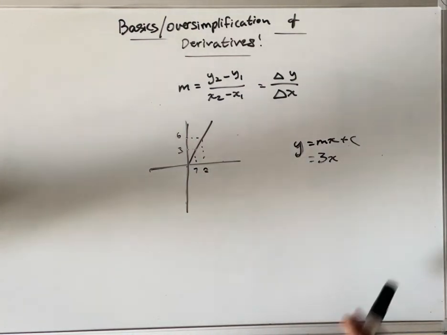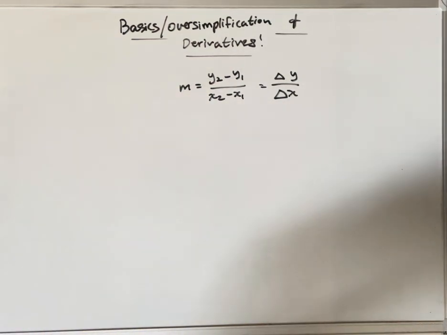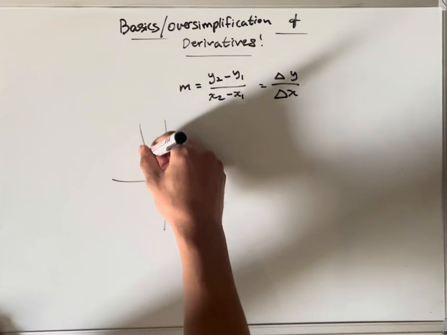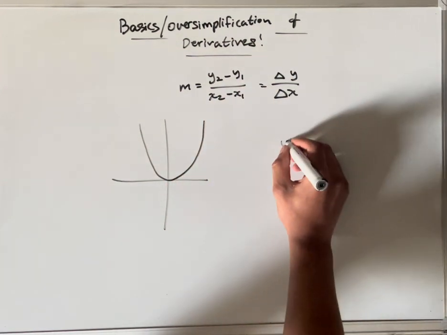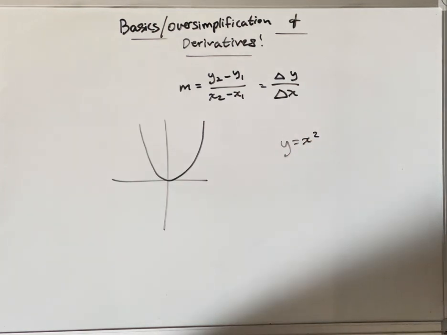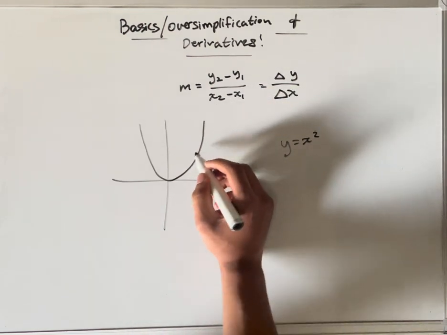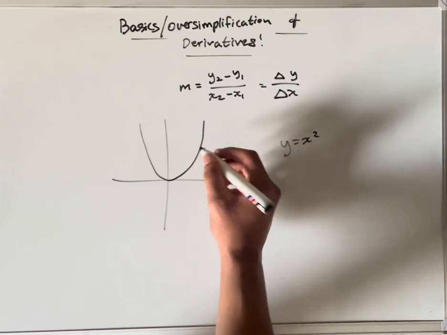However, it's not so simple if your curve is, for example, a quadratic. So in this case, you would have a curve something like this, right? I'll take the simple quadratic of y equals x squared. Well, here we know that the derivative, or the slope of this function, for example, but there's no easy way to put it.